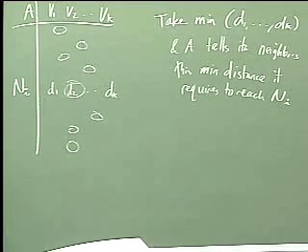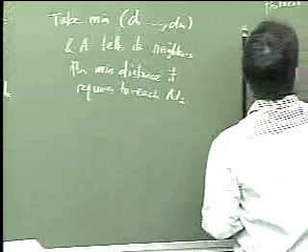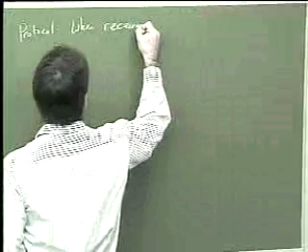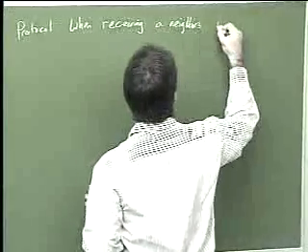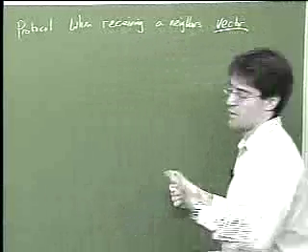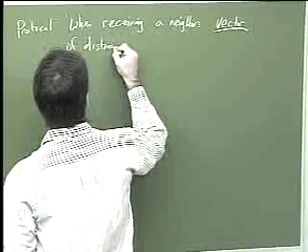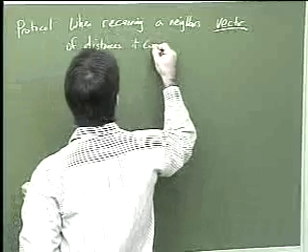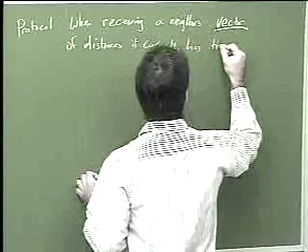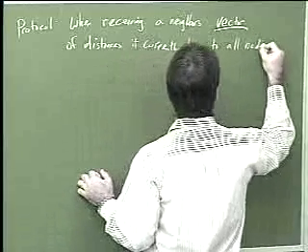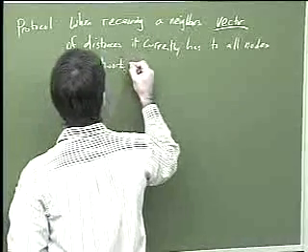So just to reiterate what the protocol is. When receiving a neighbor's vector, and hence this is why it's called distance vector, of distances it currently has to all nodes in the network, I do the following.